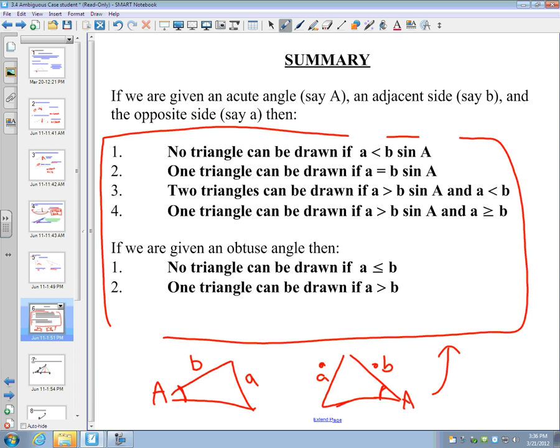So I would always say re-letter it, and then get your answers, and then put it back into the letters that were given to you, if that makes sense.